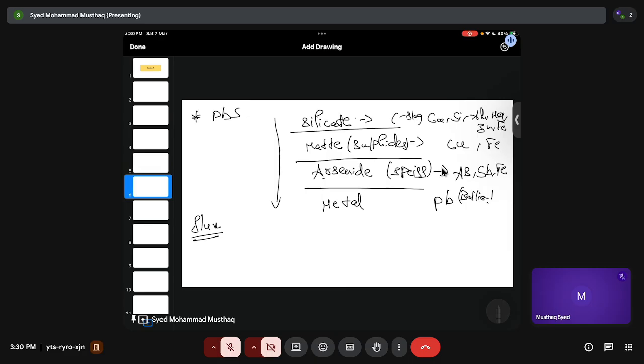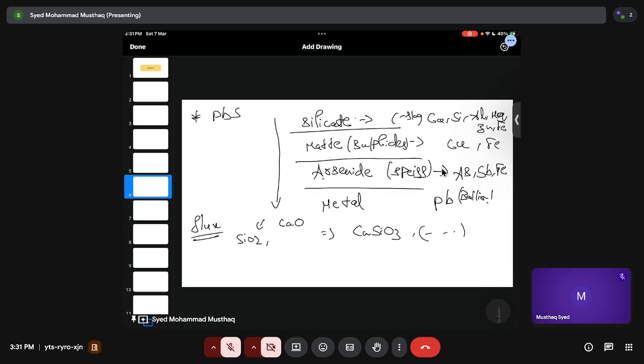For example, if I have silica, which happens in iron ores, and you want to remove this silica, you add calcium oxide. Calcium oxide will react with silica and form CaSiO, and it will form different silicates depending upon how the silica is present.